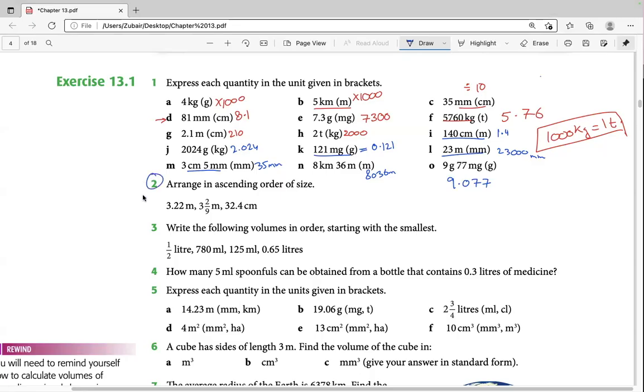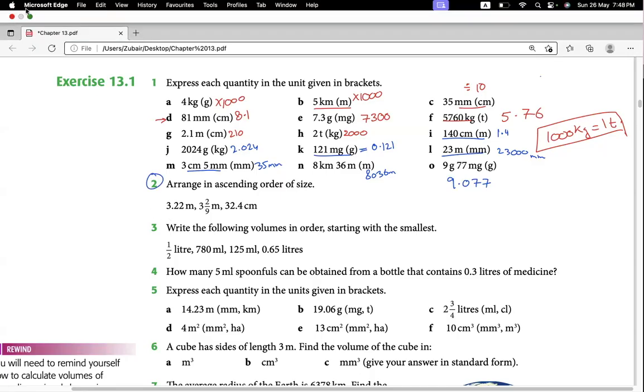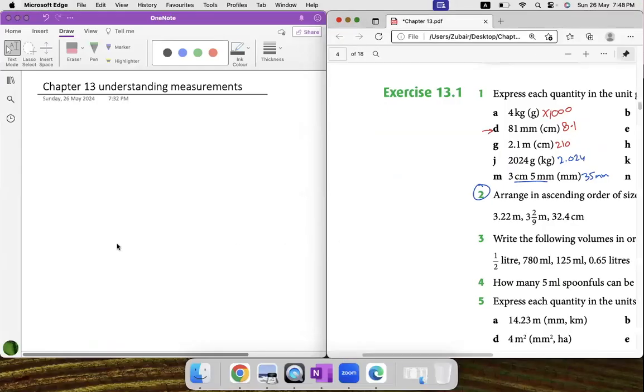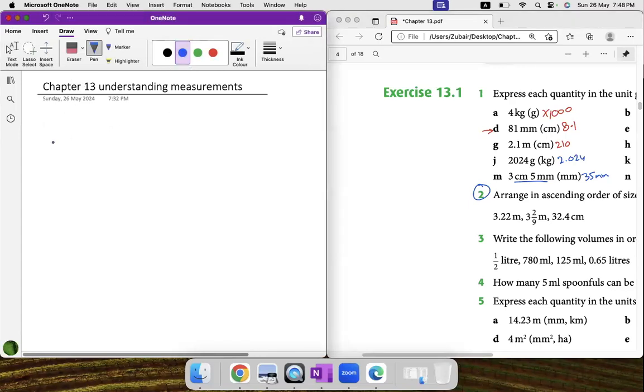Okay. Now arrange these in ascending order. Let me just copy them. This is 3.22 meters, 3 whole 2 by 9 meters, and 32.4 centimeters. Again, it would vary person to person.